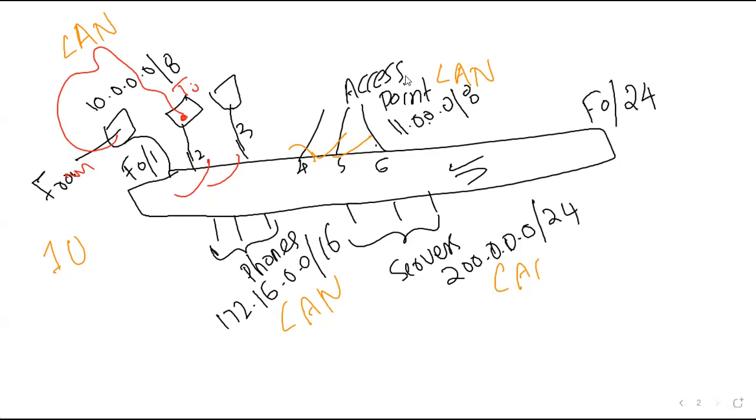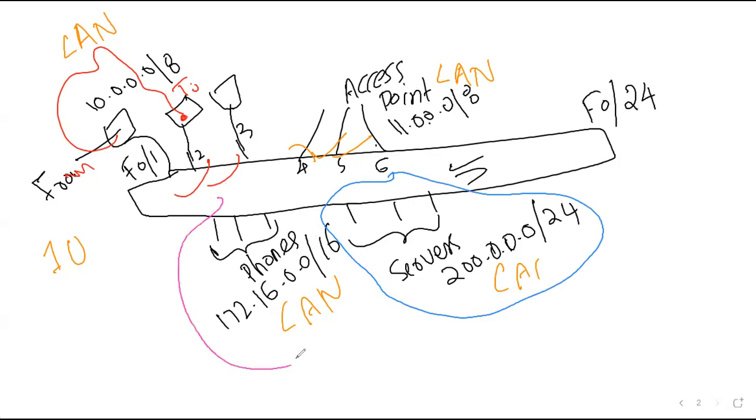So here I could say all server broadcasts must stay within the server network, all telephone services must be in the telephone group, and in the same way all access point services must be in the access points group, with all the broadcast messages.